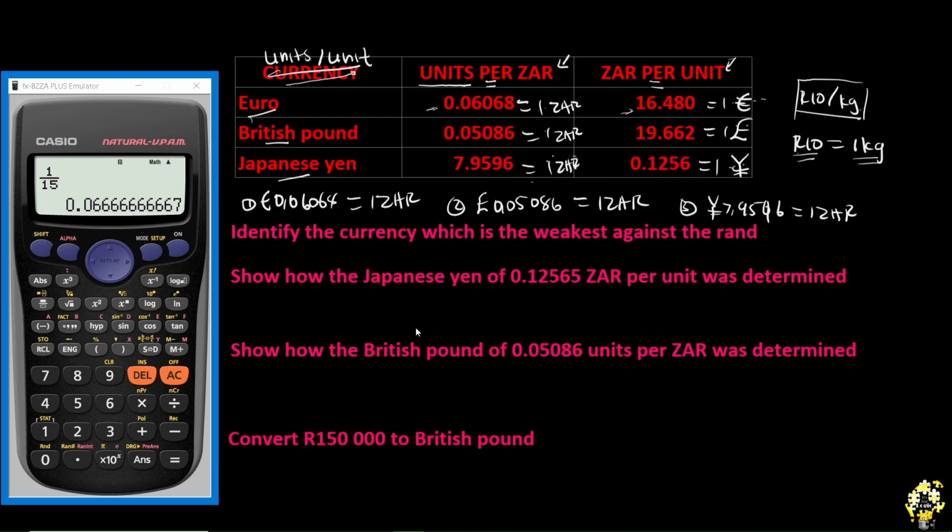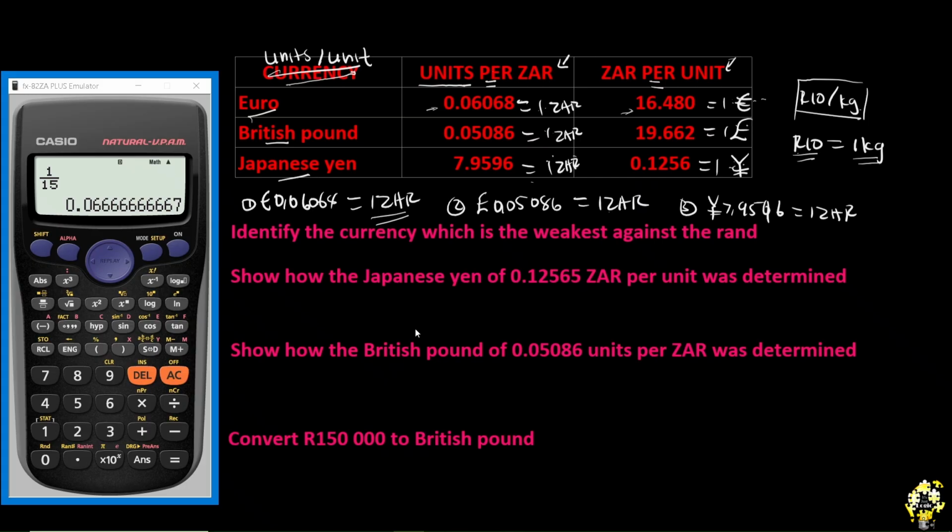Let's try and look at this. If I need 1 rand to purchase 0.06, that simply means that rands are weaker than euros. Again, if I need 1 rand to purchase 0.05, it's telling me that rands are still weaker than this.